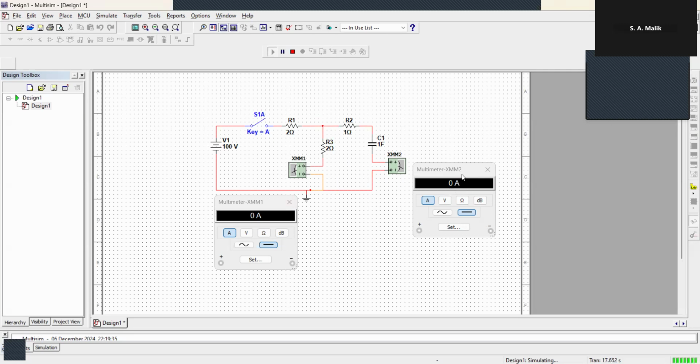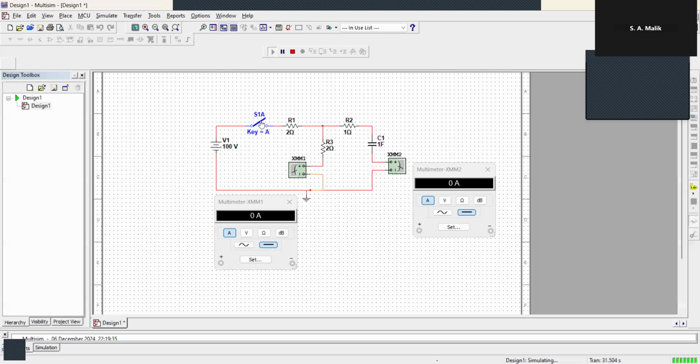But one thing you will observe is that the capacitor current drops to zero after 10 seconds, and the R3 current reaches 25 amperes. Because there is a lag in these multimeters given to us in Multisim, after 10 seconds we should observe that the R3 current is 25 amperes and the capacitor current is equal to zero.